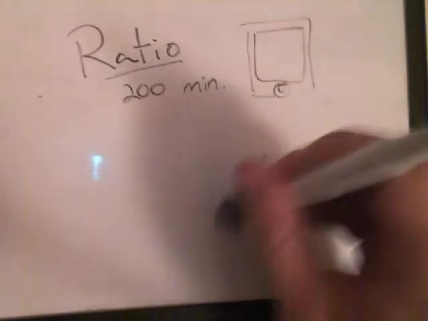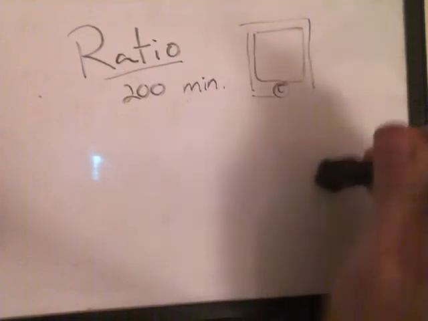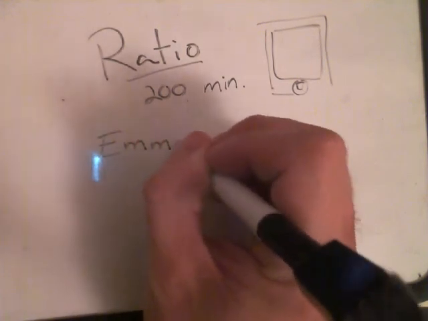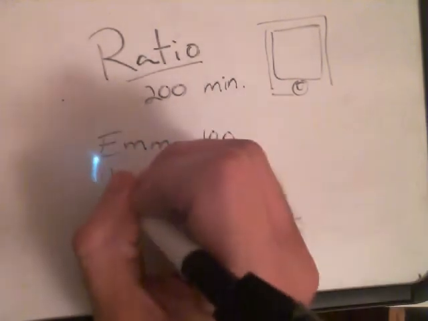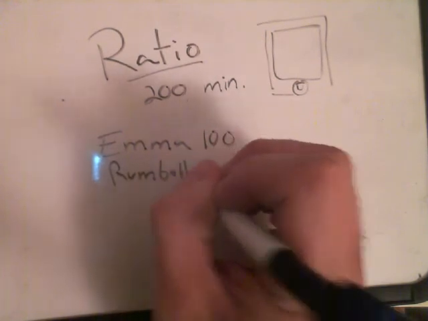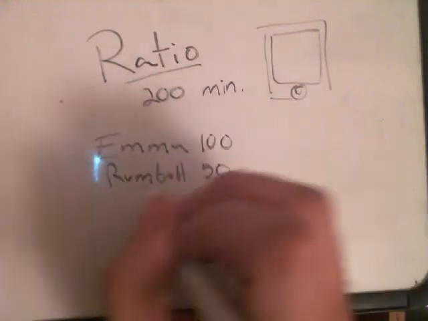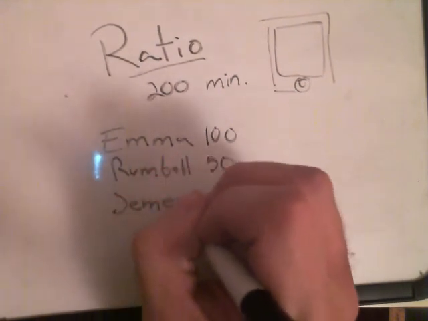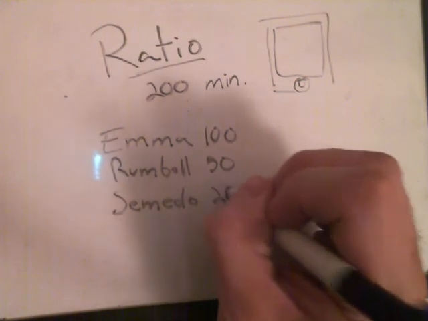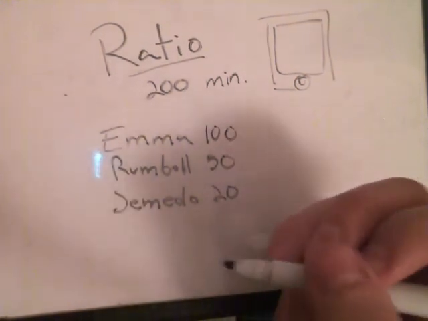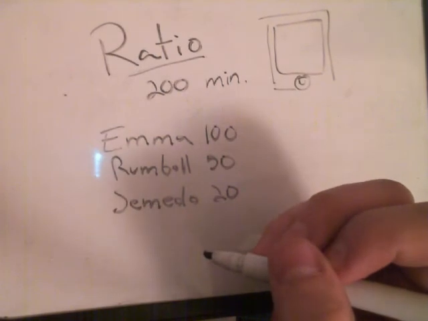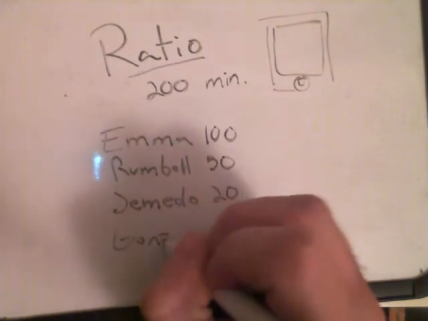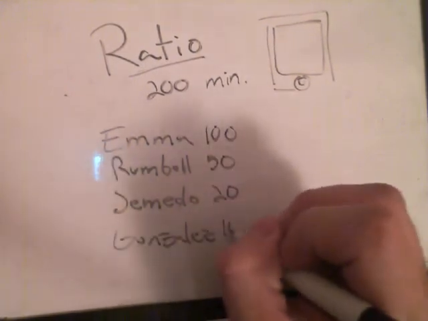Now, if we continue with this example, let's say that I talk to Emma for 100, Mr. Rumble for 50, and I talk to Mr. Semedo for 20, and I talk to, let's say, Miss Gonzalez for 10.